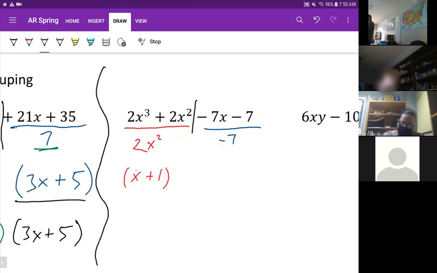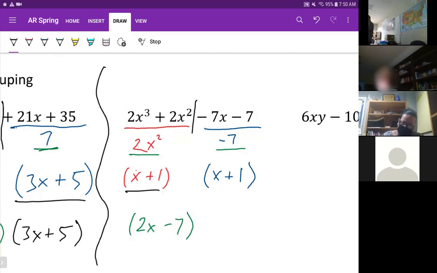They both have a negative, so let's make this negative. That's x, and that's plus 1. We did it. So 2x minus 7, and then the other one is x plus 1.